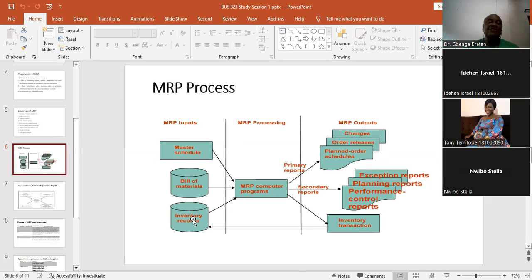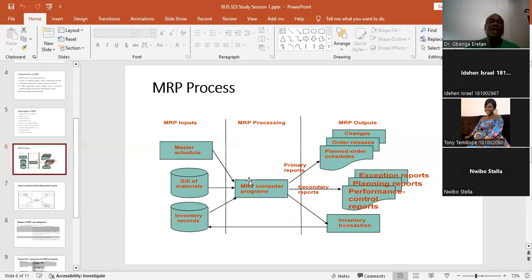While inventory records are the amount of stock that is needed to achieve that level of output. All of these three, the master schedule, bill of material, and inventory record, are the MRP input, and they serve as an input into the computer system, which is the MRP processes.